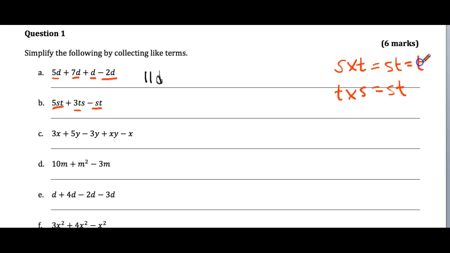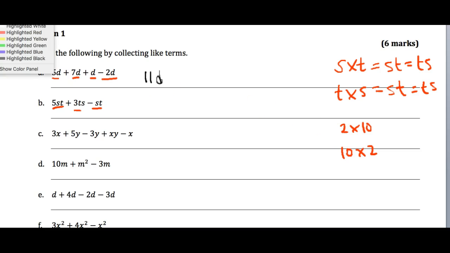It's the same as if I was saying 2 times 10 is the same as 10 times 2. So the order doesn't matter. For question B, we've got 5st plus 3ts, which is 8st, minus st is 7st.